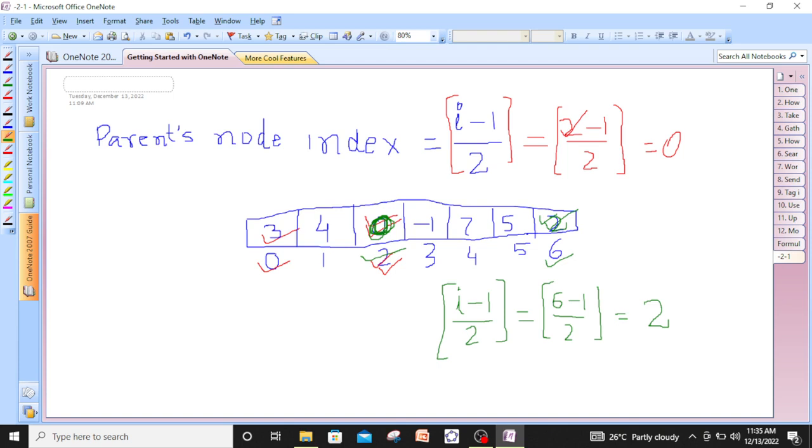Now we can verify our answers by making a heap. We use the formula to get the parent in a short time, but here we should verify our answers, and for that I draw a heap, and in heap we draw a circle.